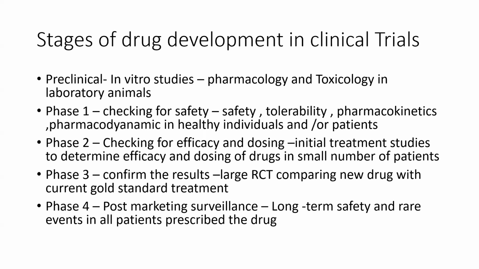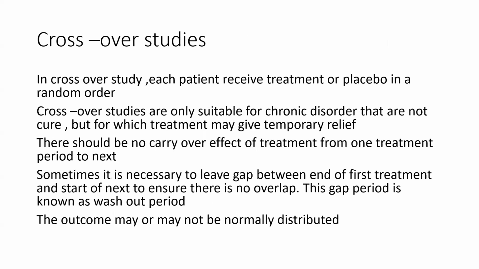Initial treatment studies to determine efficacy and dosing of drugs in small number of patients. Phase 3 confirms the result, that is large RCT comparing new drug with current gold standard treatment. Phase 4 is the post-marketing surveillance, that is long-term safety and rare events in all patients prescribed the drug.